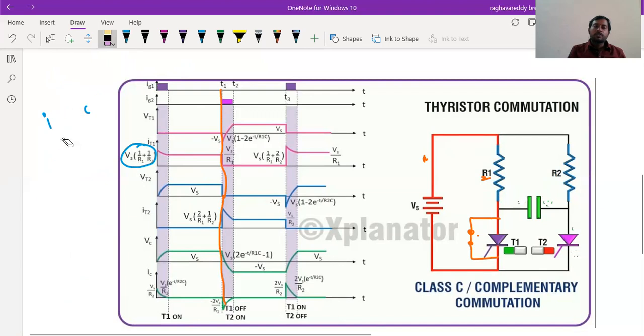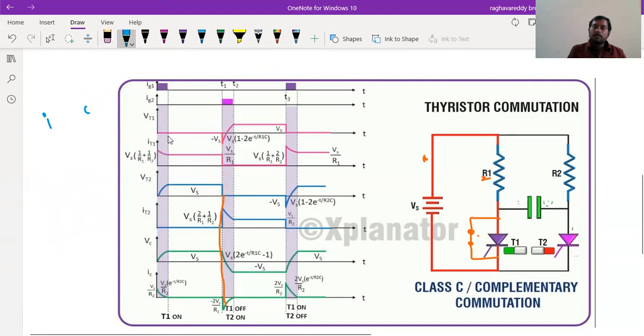That's why, look at this one: the current through the thyristor is initially more. Carefully listen: the current through the capacitor is initially more and slowly decreases, so the total current in thyristor T1 also decreases, but it is constant after a certain point, because only I1 is available, and IC reaches 0 when the voltage across the capacitor is equal to the supply voltage.